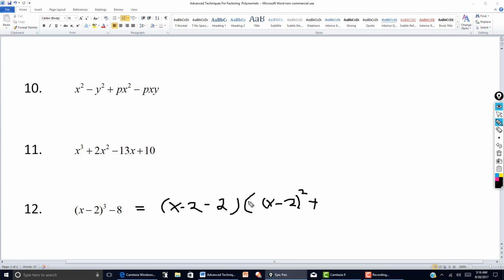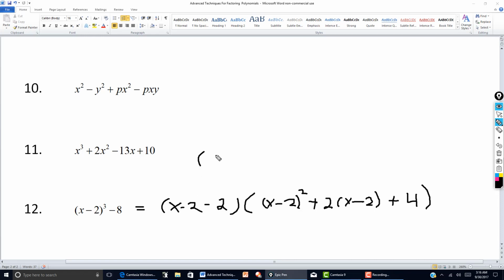Then the sign here is plus, and it's the product of the two roots, so that's going to be 2 times (x minus 2), plus the square of the second root, which in this case is 2. Since we're dealing with cube roots, this would be 4. And then you simply have to simplify this out.